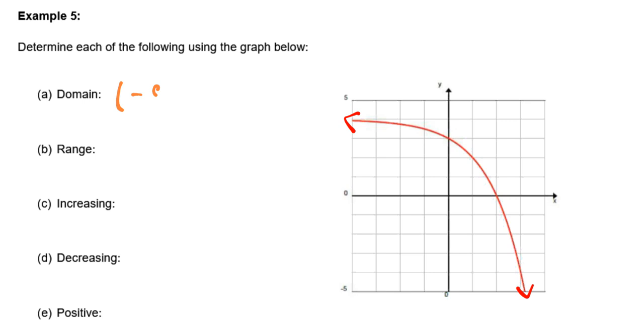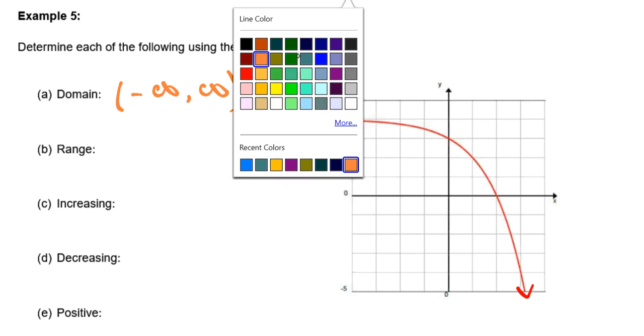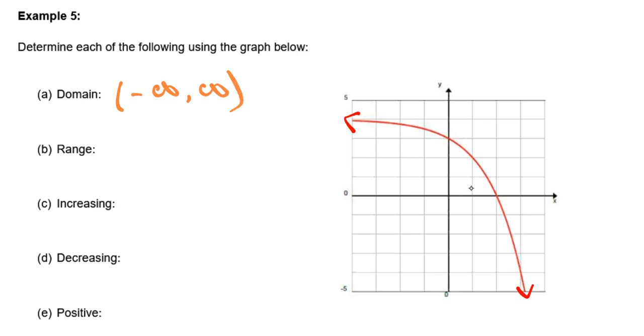And that means our domain is -infinity to infinity. Now, the range, that's high-low, up-down. The range shows that I'm going up. Its curve goes slowly, but it is still going up and forever down. So our range is also -infinity to infinity.